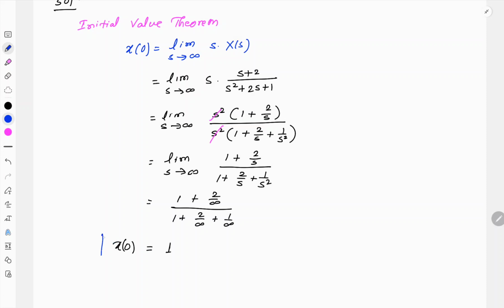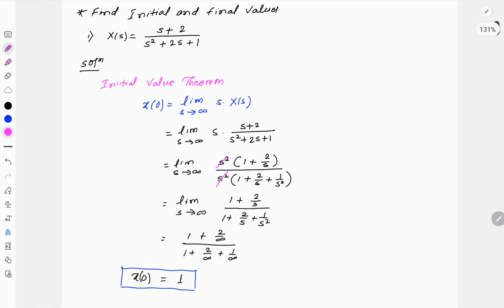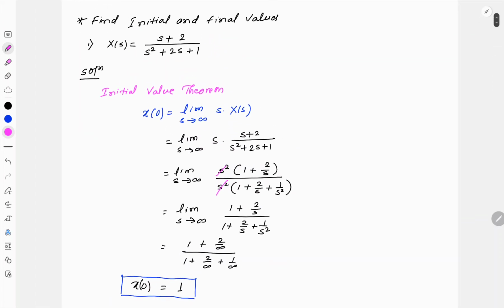Remember here, whenever you are finding the initial value, in such cases check the given equation. So here the given equation was (s + 2) upon (s square + 2s + 1). Then we have taken the expression for initial value theorem, limit s tends to infinity s into X of s.